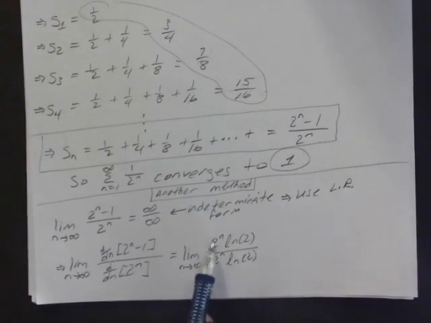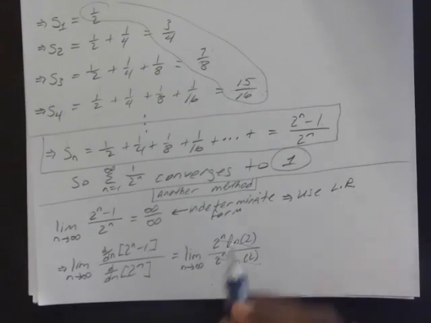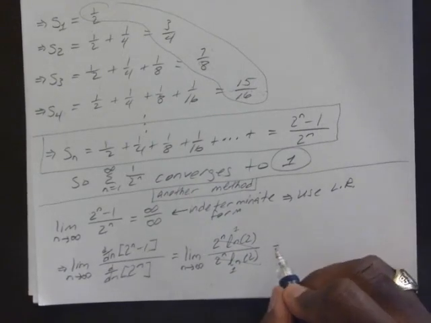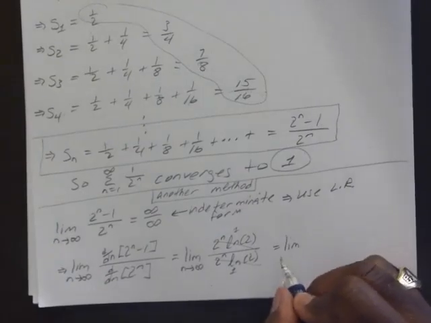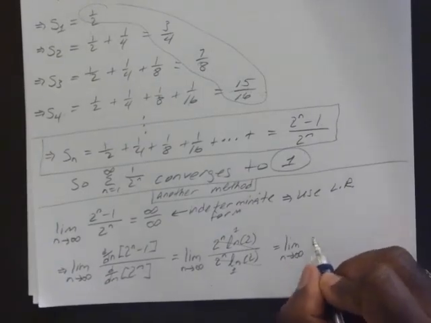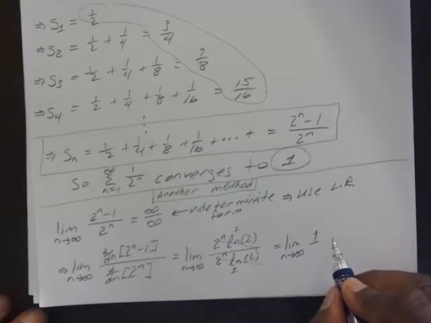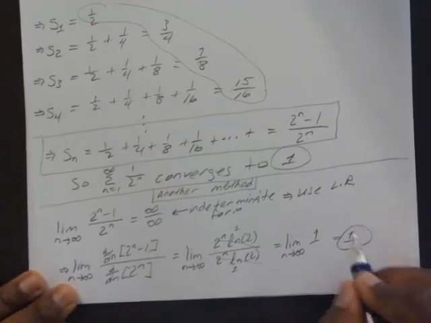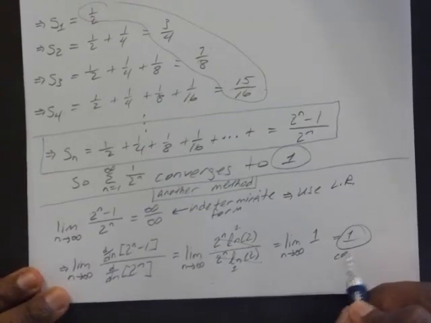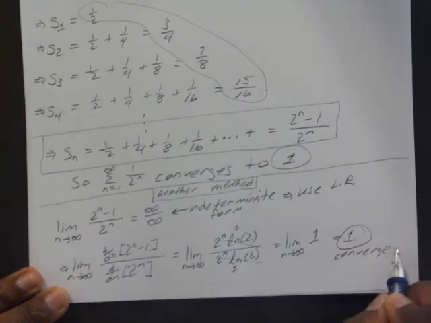Okay, where anything divided by itself is just 1. So that leaves us with the limit as n approaches infinity of 1. Well, we know that the limit of a constant is always just that constant, so it's still 1. So it converges to 1.